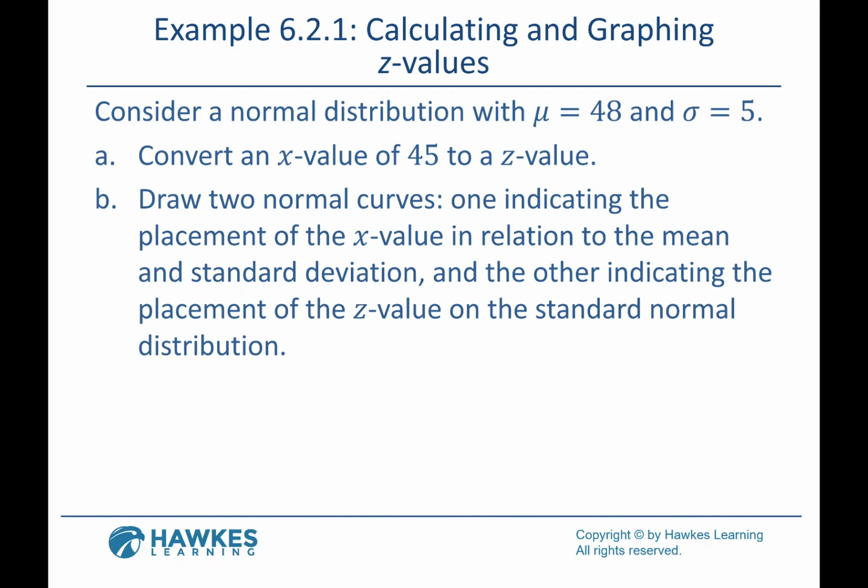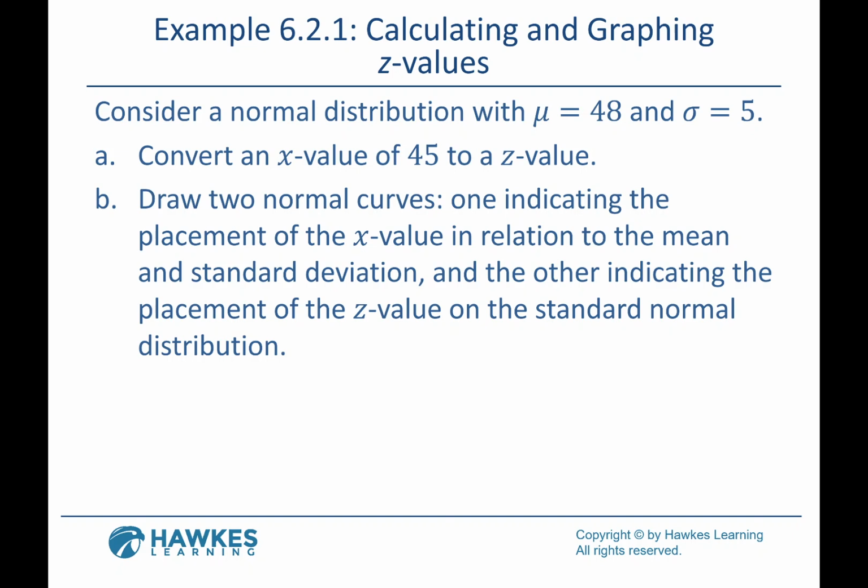What we want to do is sketch out that normal distribution. And then it says convert an x value of 45. So this 45 is a number in this normal distribution with a mean of 48, standard deviation of 5. And we're going to convert that to a z value and then see what that looks like on the standard normal distribution.